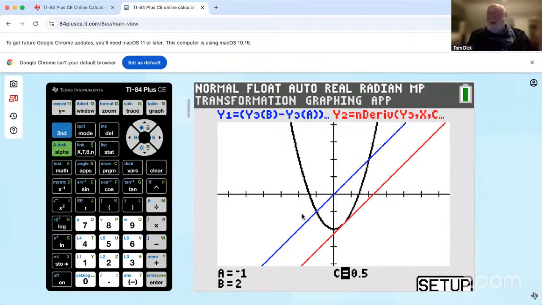And once you go through the work of setting up Y1 and Y2, you can change Y3 to be any function, including ones where the mean value theorem might not apply, and you get some really good graphical evidence of why that's the case. So I think it's a neat use of the transform app, and I just wanted to show that off. We're probably about out of time, so I'll stop the share and turn it back over to you, Steve.